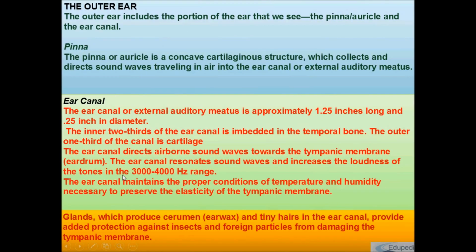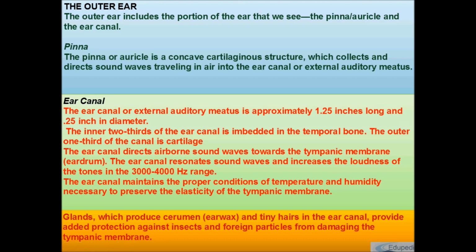So let's see once again that the outer ear includes the portion of the ear that we see. Pinna, okay, the outer body of the ear is known as pinna. That is also known as auricle. Okay. Now, the pinna or auricle is a concave cartilaginous structure.